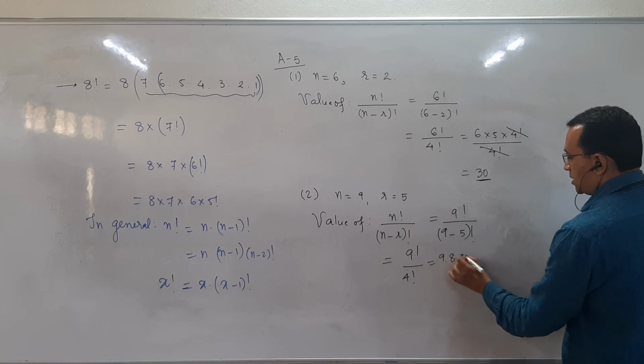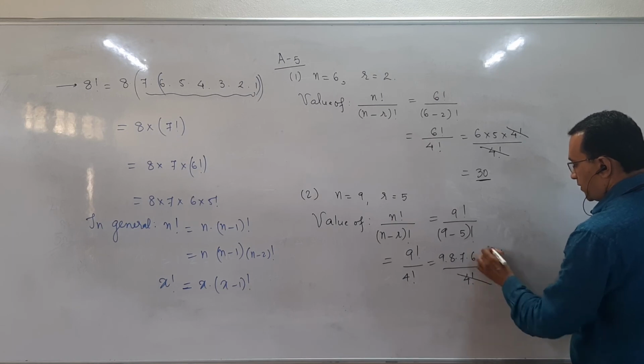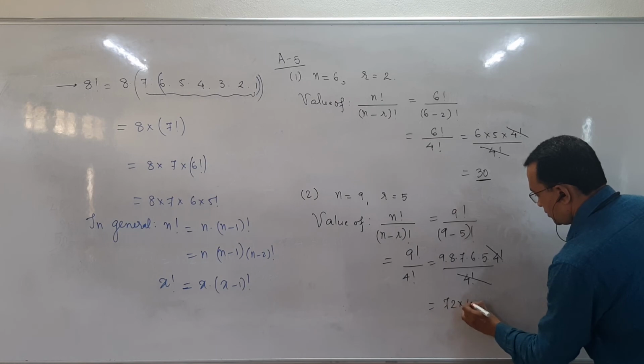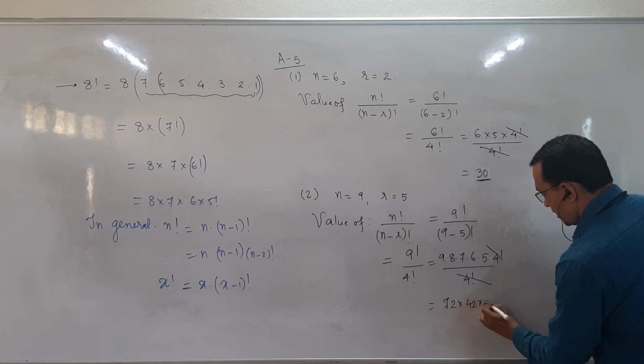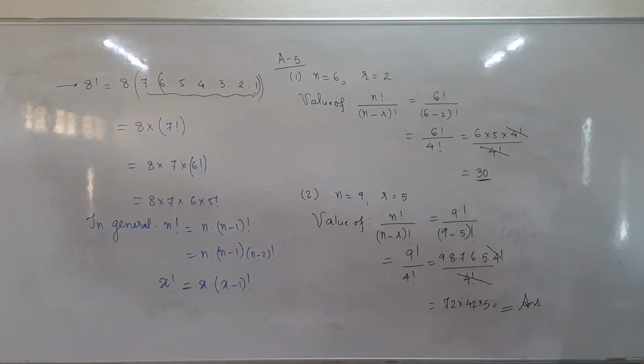So 9, 8, 7, 6, 5, 4 factorial upon 4 factorial, and 4 factorial gets cancelled. So 9 into 8 gives us 72, into 7 into 6 into 5 is 42 into 5. Multiply this. Whatever number you get, that is your answer, students. So, this exercise is completed.